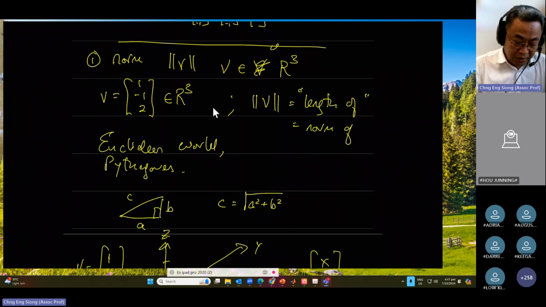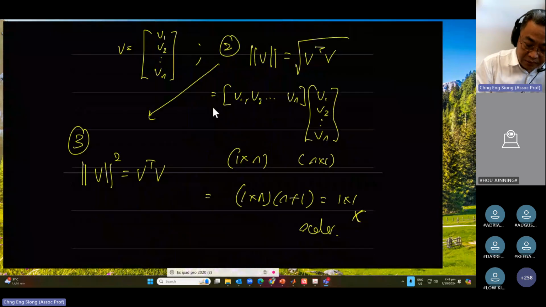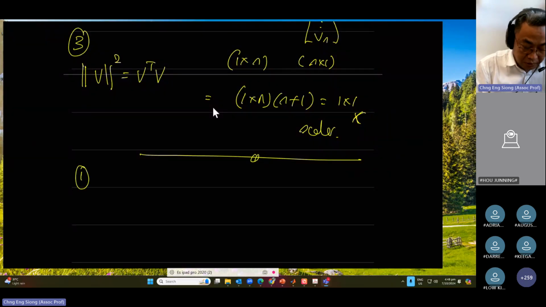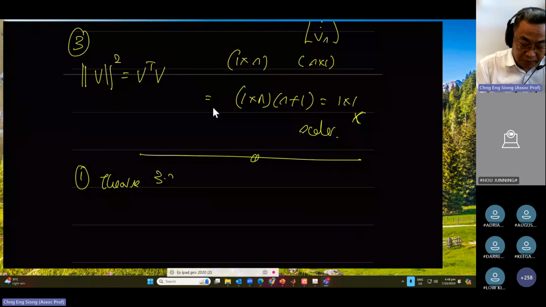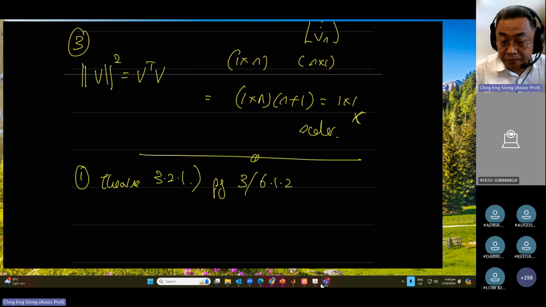Well, when we talk about the length of a vector, it must have some properties. So theorem 3.2.1, which is at page 3 of 6.1.2. Let's open it up.